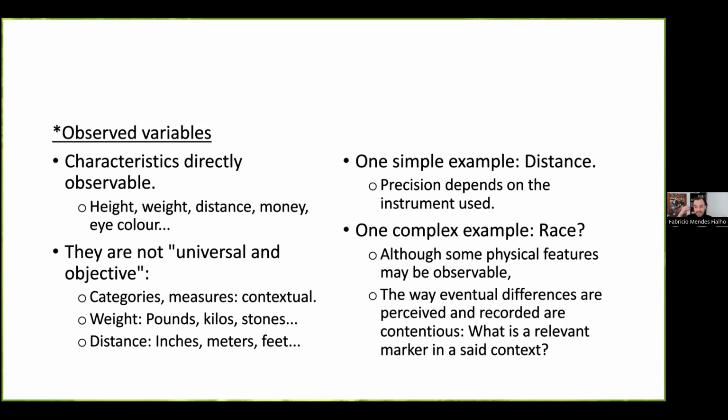Even though the idea of race is associated to certain physical features and traits, physiognomical traits, skin color, hair type, and so on, that may be observable and can be observed, the ways that we as humans perceive this difference and record them are contentious and also again context limited, or bounded by the context and the categories in that context, right?